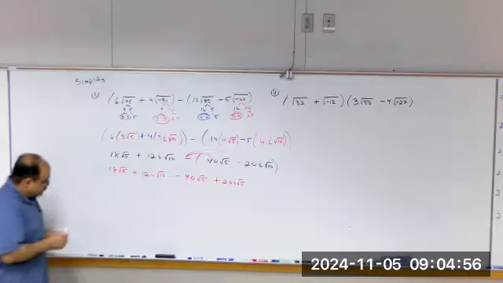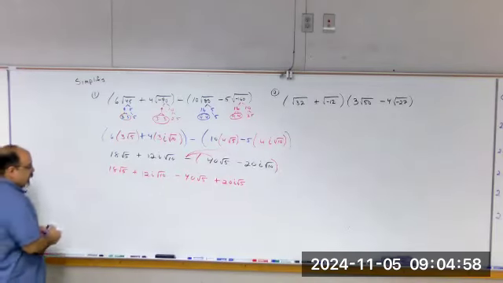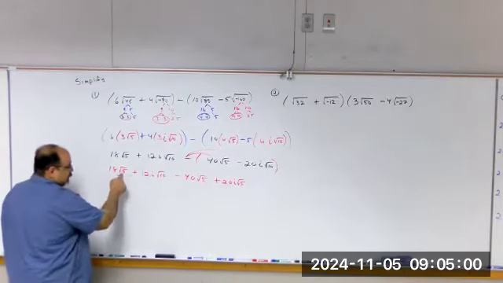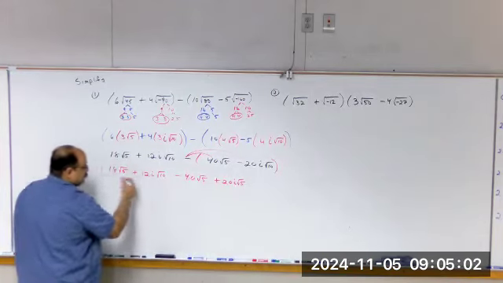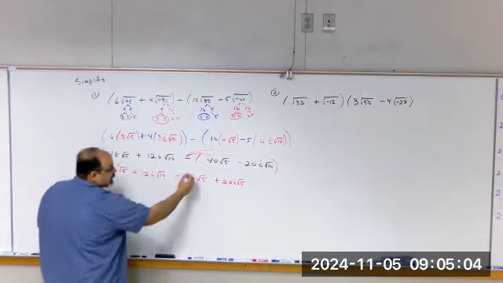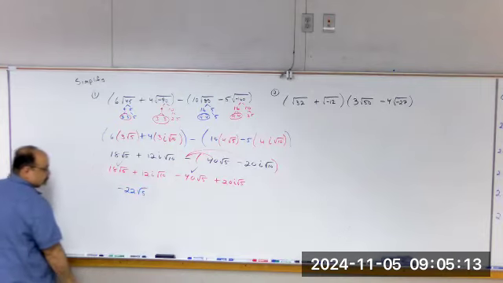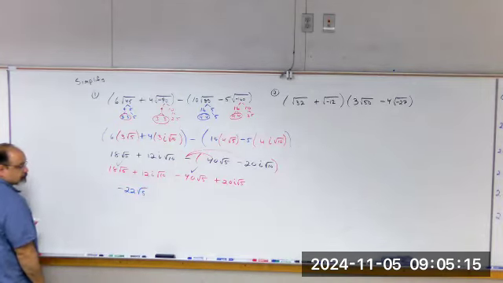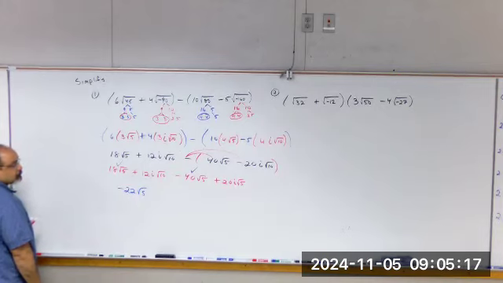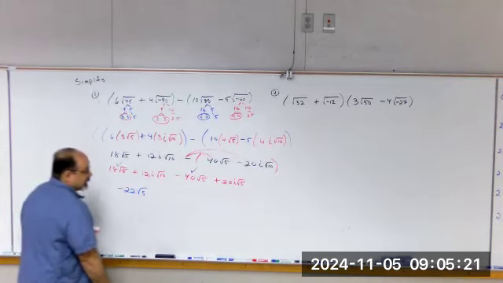So now we can combine like terms. So 18 square root 5 and a negative 40 square root 5. So 18 of those square root 5, take away 40 of those square root 5s is negative 22 of those square root 5s. Would that be a 10? Yes, it's supposed to be a 10.